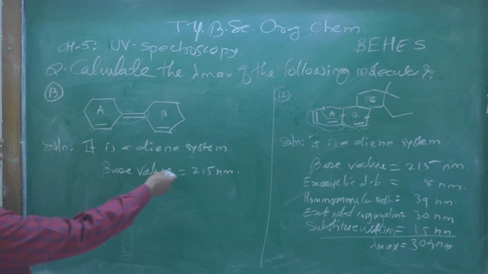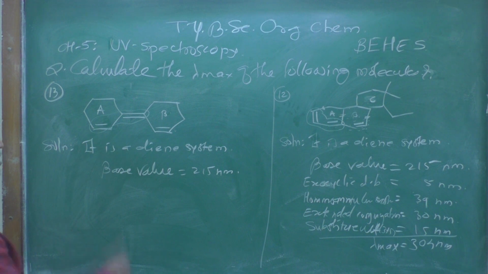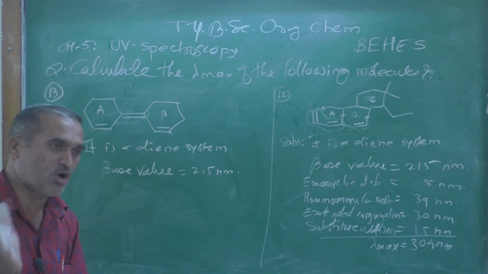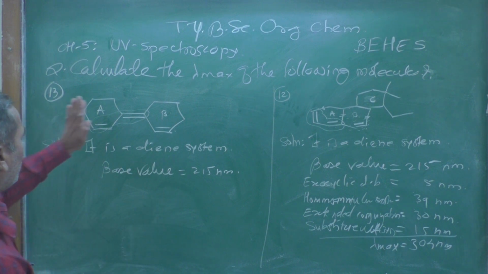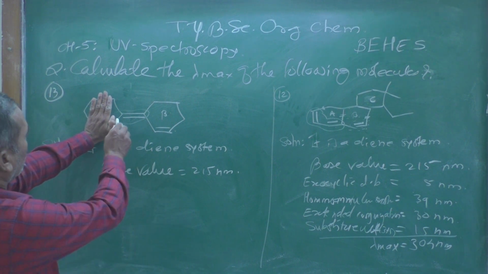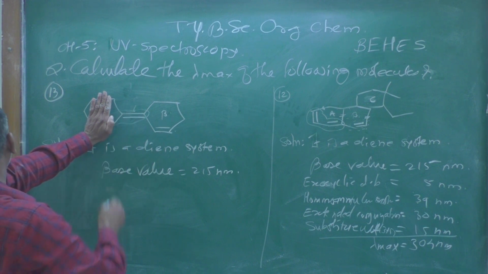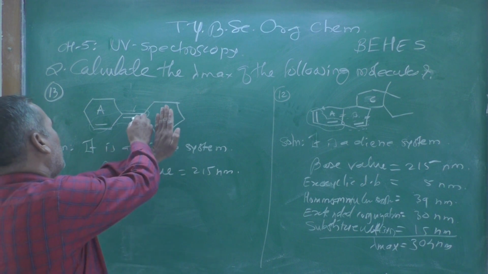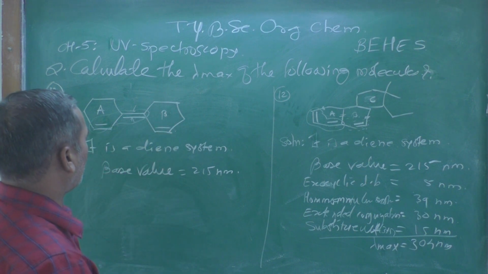Now base value, half of the work is done here. Now does this compound contain exocyclic double bonds? If it is there, how many? You put your hand on A, you will see there is 1 exocyclic double bond. If you put your hand on B, you will clearly see another double bond here.